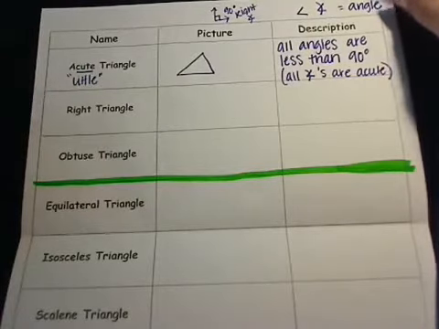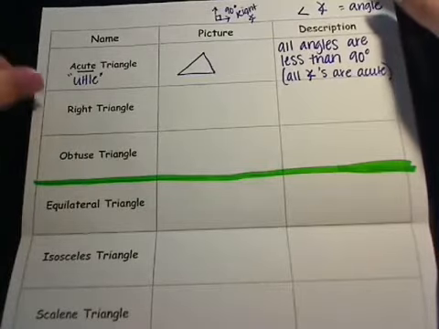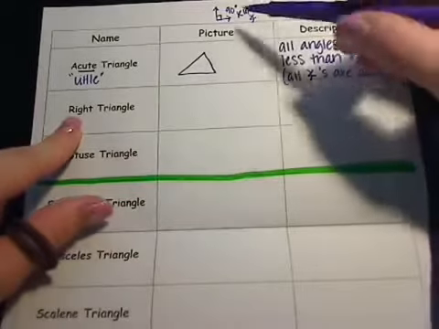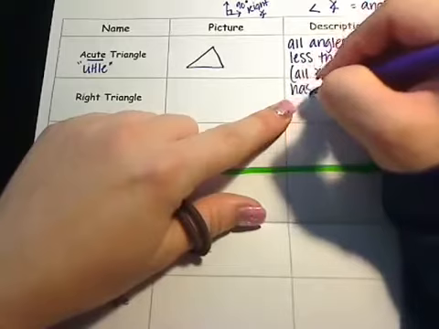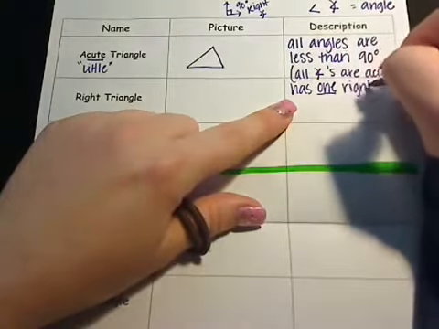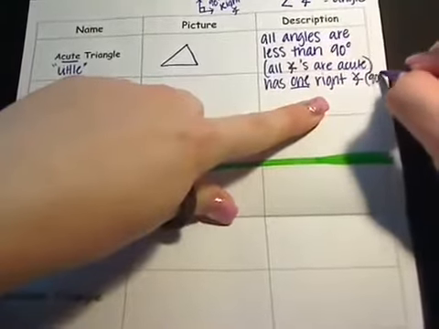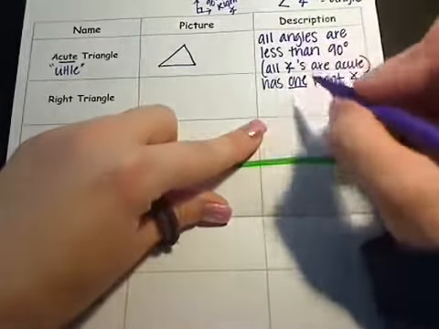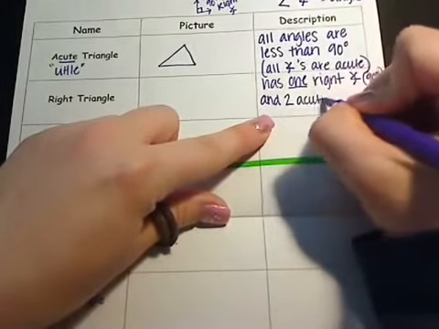Okay, the next triangle we're going to talk about is a right triangle. A right triangle sounds just like what it is. Right triangles have right angles. So a right triangle has one right angle, which is 90 degrees, and two acute angles.